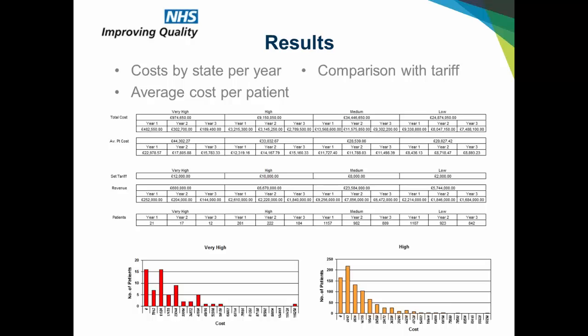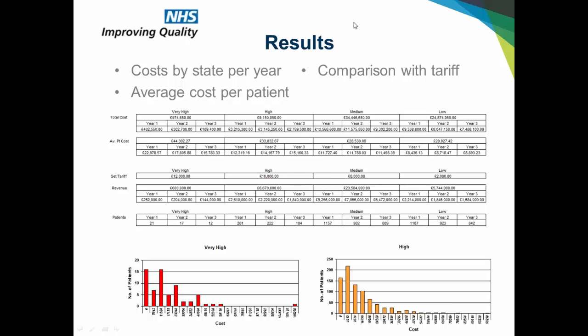And then finally, we're looking at cost by state per year and comparing that with the capitated payment. So again, you can see halfway down this slide here that you can set your own tariff. Now we've just put one in there to play about with.